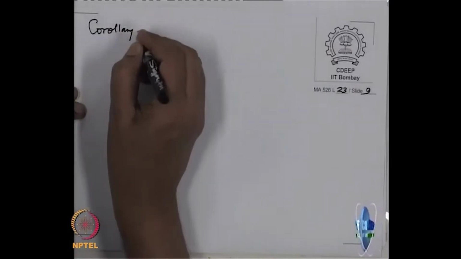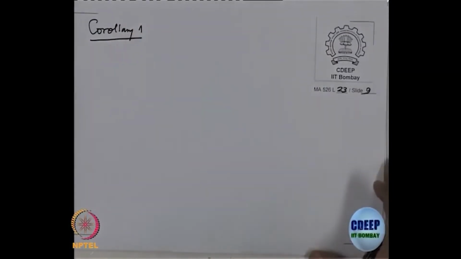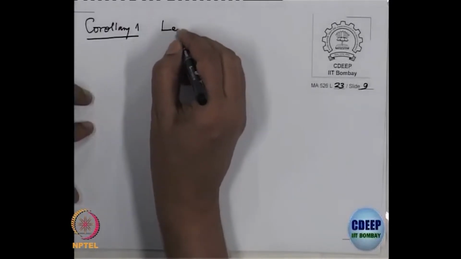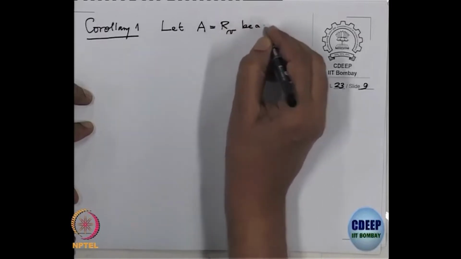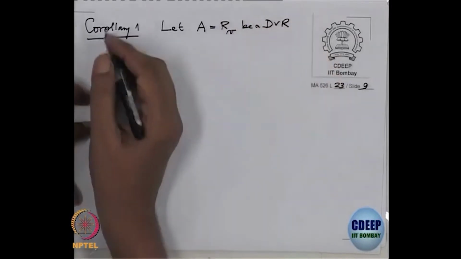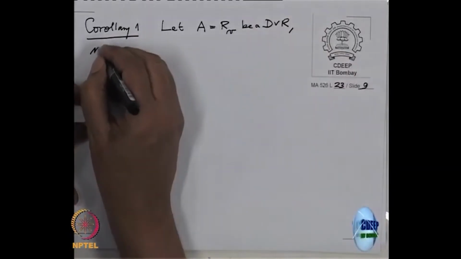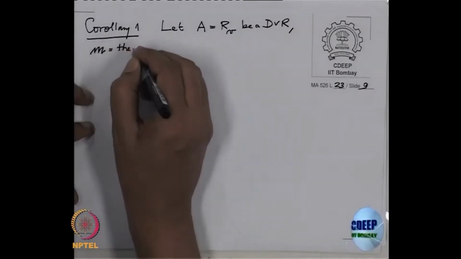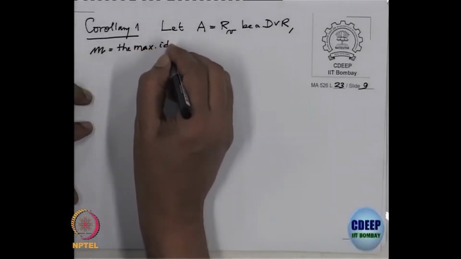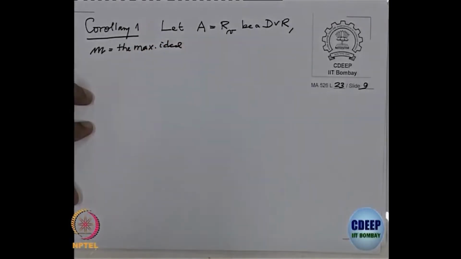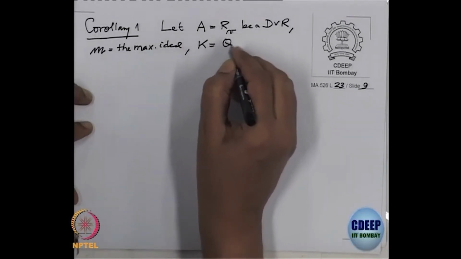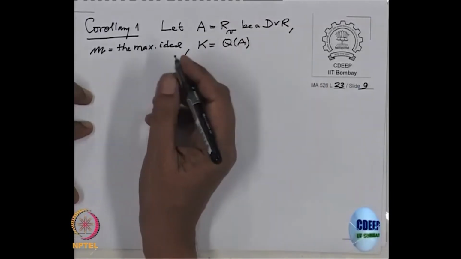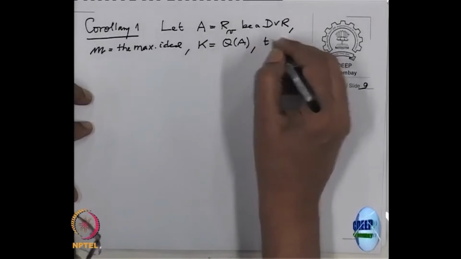So corollary 1, let A equal to R_V be a DVR, and M be the maximal ideal, so values are positive, and K is the quotient field of it. t is the uniformizing parameter.